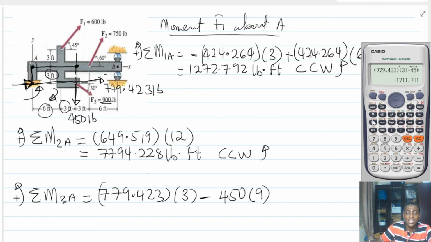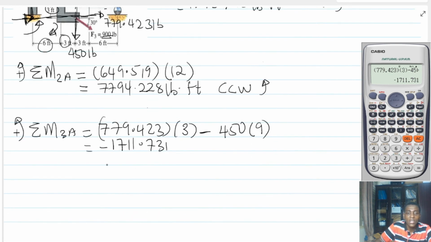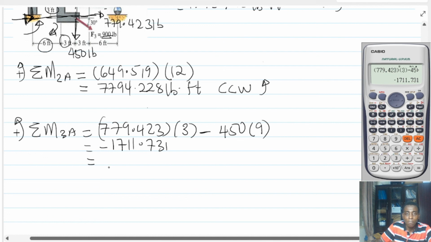So the minus sign means it's actually clockwise. So minus 1711.731. Okay. So technically speaking, this is actually 1711.731 pound foot, and this is actually clockwise.